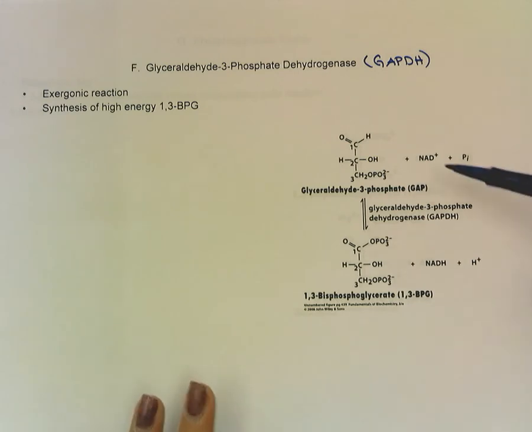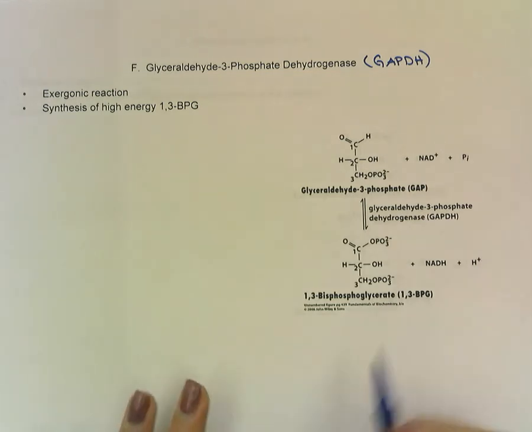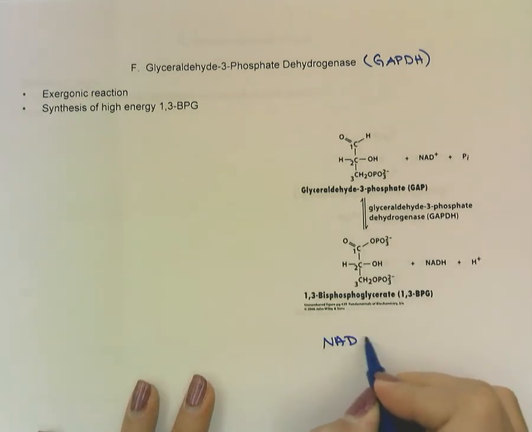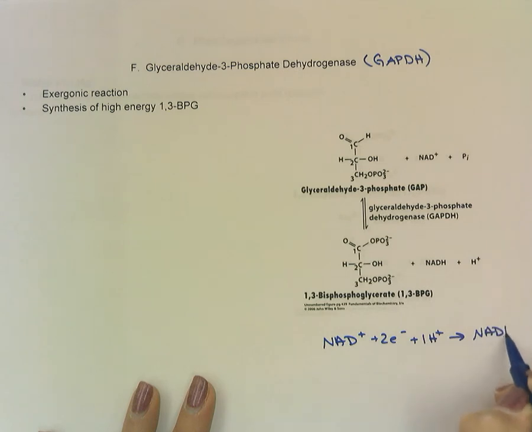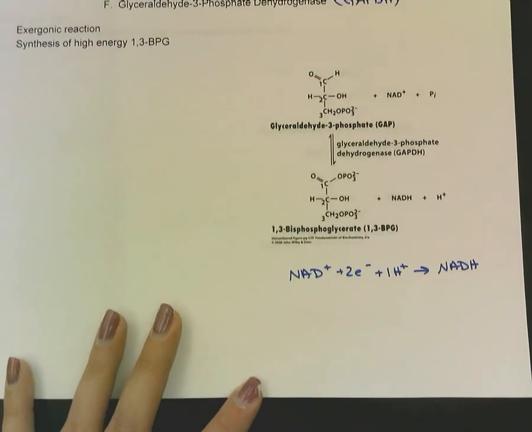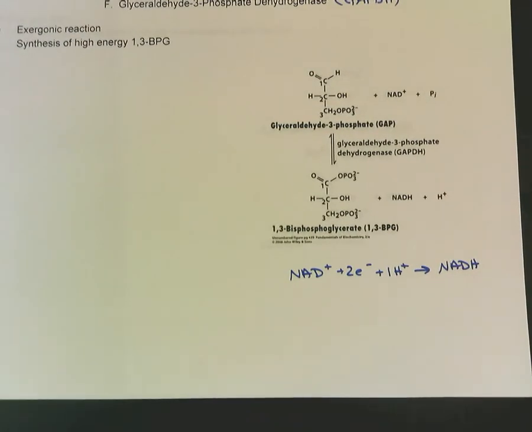What's going on over here with my NAD? NAD+ is going to NADH plus a proton. NAD+ takes 2 electrons and 1 proton to become NADH.